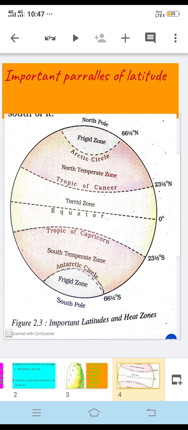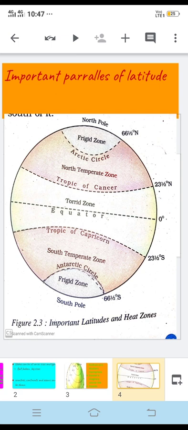Then the angle of the sun's rays keeps decreasing as we go towards the poles. So the areas bounded by the Tropic of Cancer and the Arctic Circle in the northern hemisphere, and the Tropic of Capricorn and the Antarctic Circle in the southern hemisphere, have moderate temperature. Therefore this area is called the temperate zone.